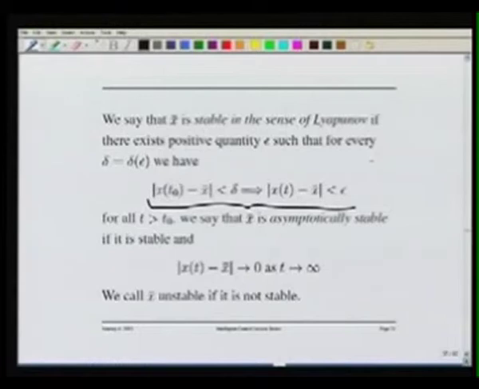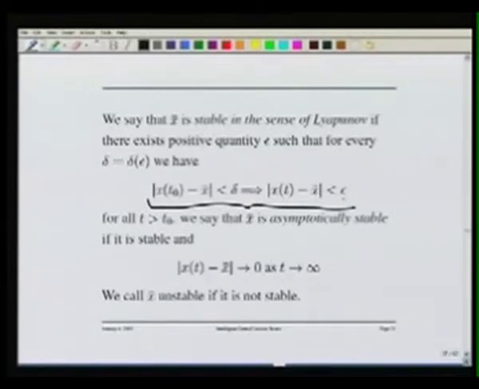What is the meaning of that? When I say this statement, that if this is my disturbance, finally always my future state minus the equilibrium point, the absolute magnitude, is always less than epsilon.